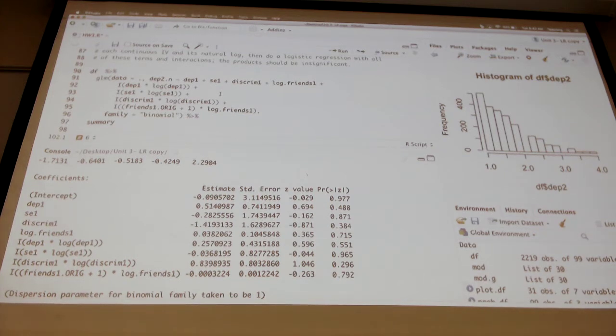So to test linearity of the logit, this is what we had to do. We basically took all of our continuous variables only, because those are the only ones for whom this is important.